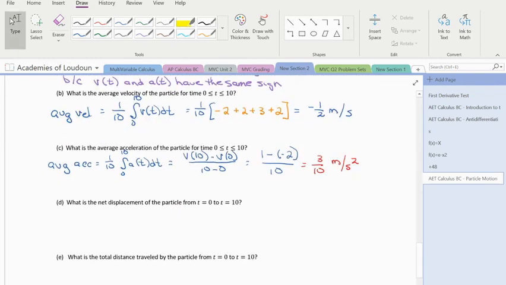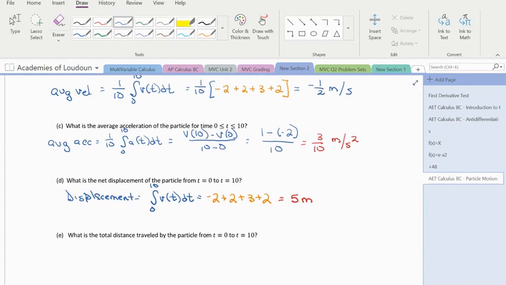Okay, so net displacement of the particle, that's going to be my displacement. Remember, that's the integral from 0 to 10 of v of t dt, which is going to be negative 2 plus 2 plus 3 plus 2, which gives me 5 meters.